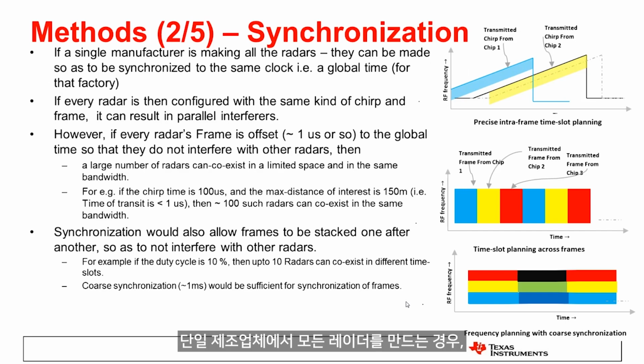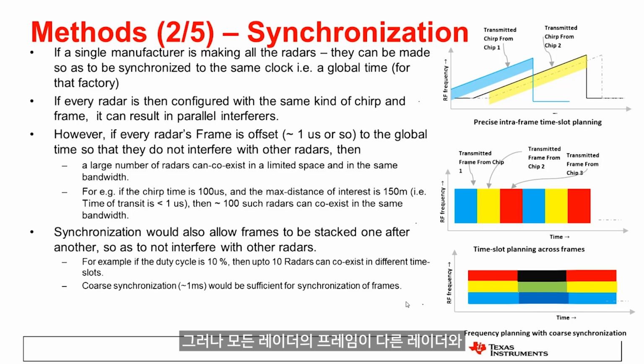If a single manufacturer is making all the radars, they can be made so as to be synchronized to the same clock, to a global time for that particular factory. If every radar is then configured with the same kind of chirp and frame, it can result in parallel interferers.